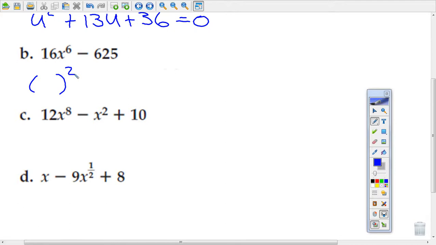There's going to be an x cubed in there. What about the 16? What does it become? Well, whatever number you write in here, you need to square it, and it should end up with 16. So that number has to be 4.